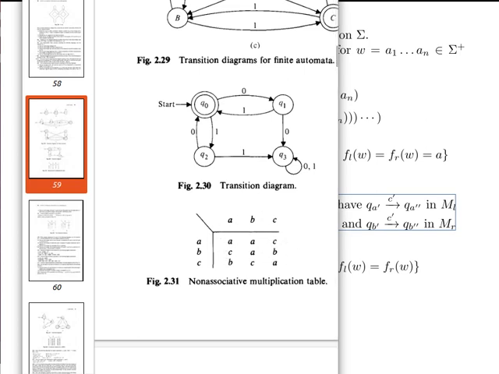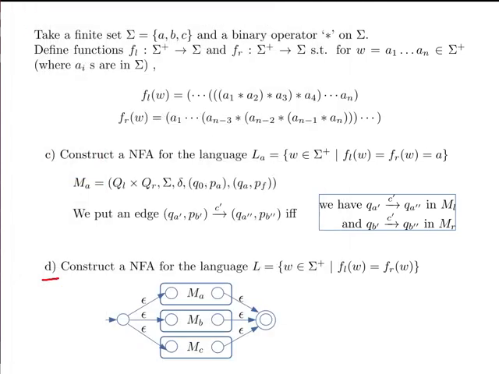So instead of using a particular table, this works for any binary operator. But the important thing is that this is any binary operator, and this is of course not commutative, and this need not even be associative.